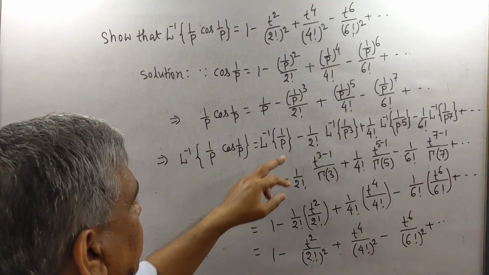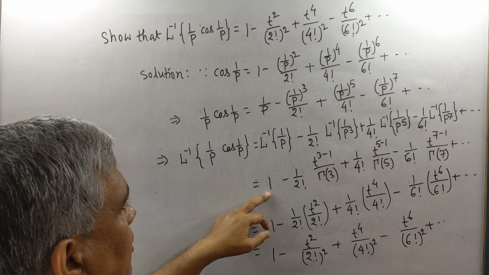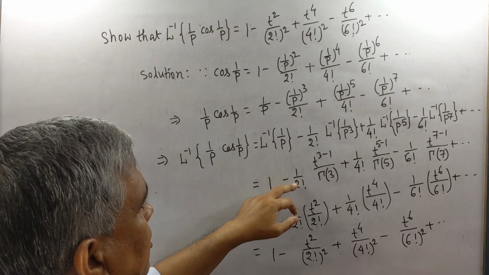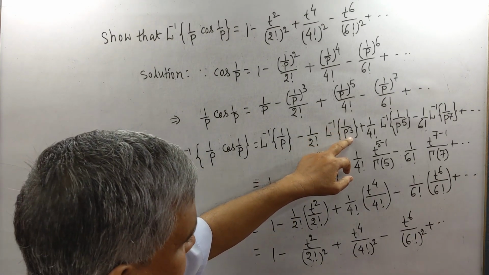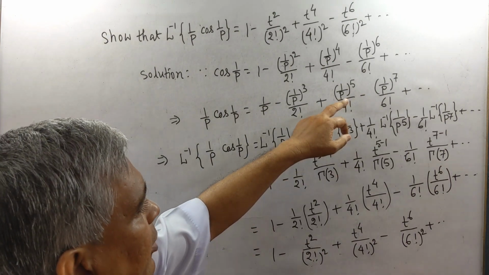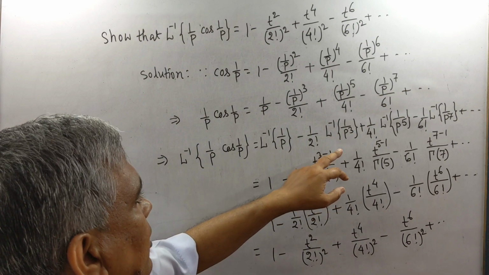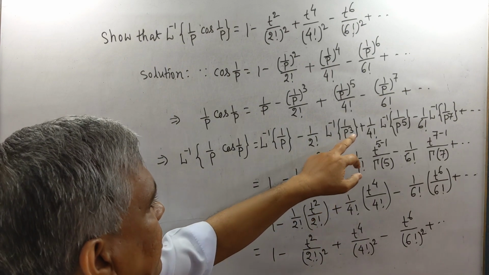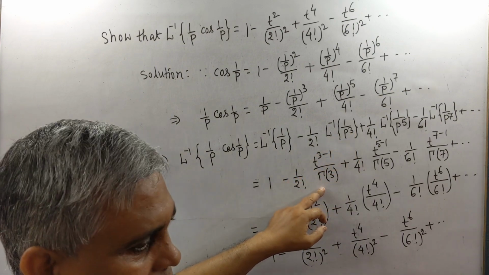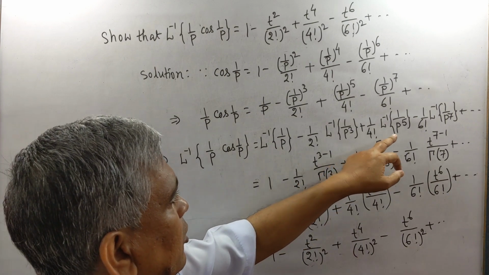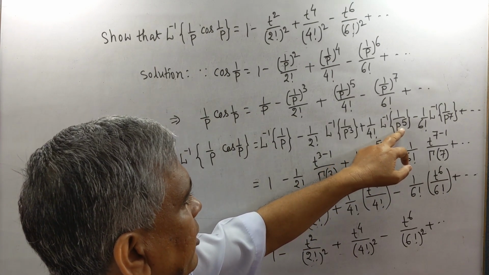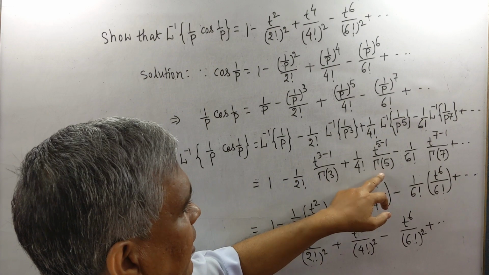L inverse 1 by p is 1, 1 by factorial 2, L inverse 1 by p to the power n equal to t to the power n minus 1 by gamma n, means here t to the power 3 minus 1 by gamma 3. Here also t to the power 5 minus 1 by gamma 5.